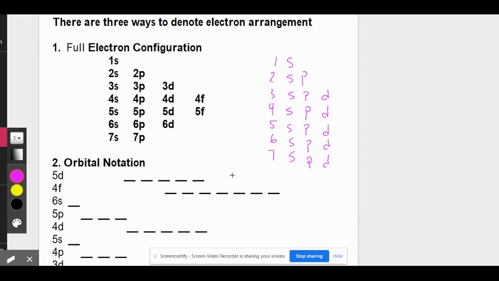And then for f, because the periodic table only needs 118 spaces, we only need the 4f, the first one that can have an f orbital. s, p, d, and f, there are 4 shapes because of its energy level 4. And then once we have 5f filled, we will have the 118 spots that we need. So we don't need these. They are still there. 6f and 7f are there, but we don't need them, so we don't write them.